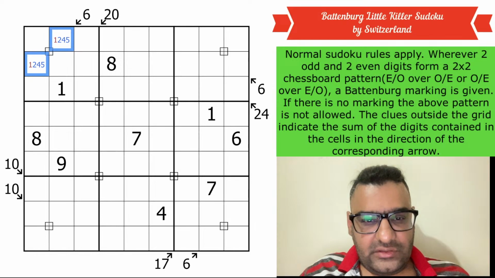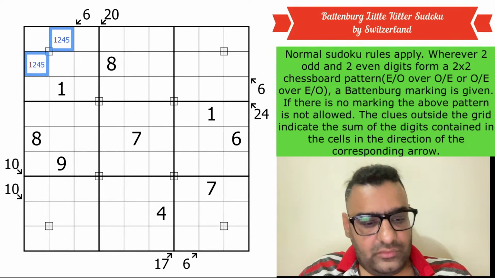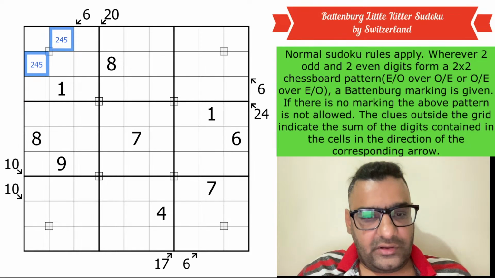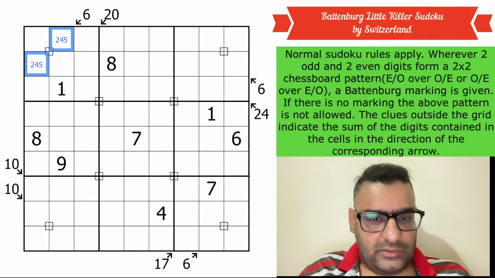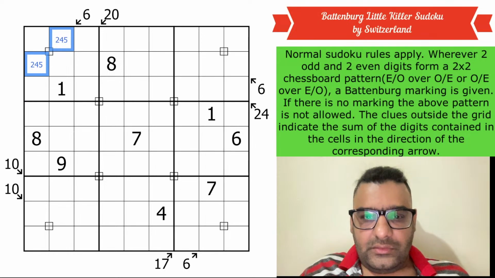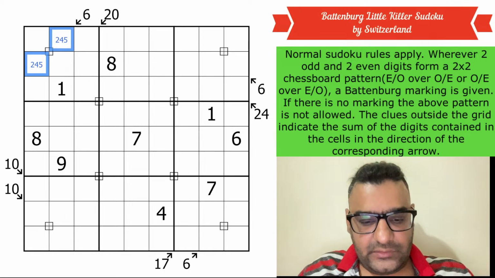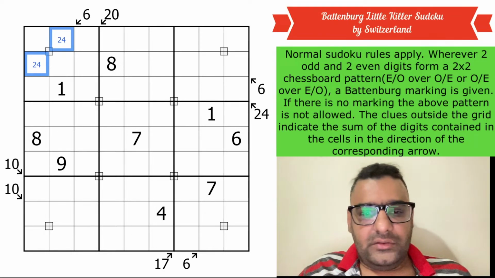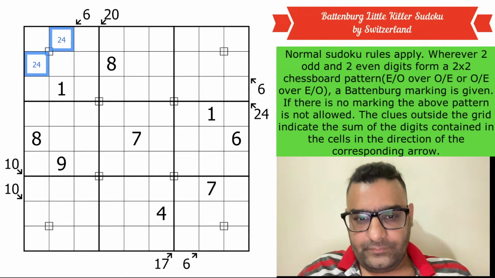So out of this, we can already rule 1 out of here because 1 is already present in this box. Now, if we have to get this 6, then we have to rule out 5. So it would be 2 and 4.